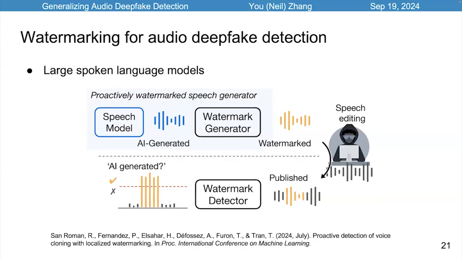And last but not least, the work we are currently working on is to build a watermarking system, so that we don't need to just do classification for audio deepfake detection, but also add a watermark into the generation system so that all the deepfakes generated by this system will be watermarked. And then when people want to use this fake data, we can easily build a watermark detector to detect whether the watermark is in that audio or not.